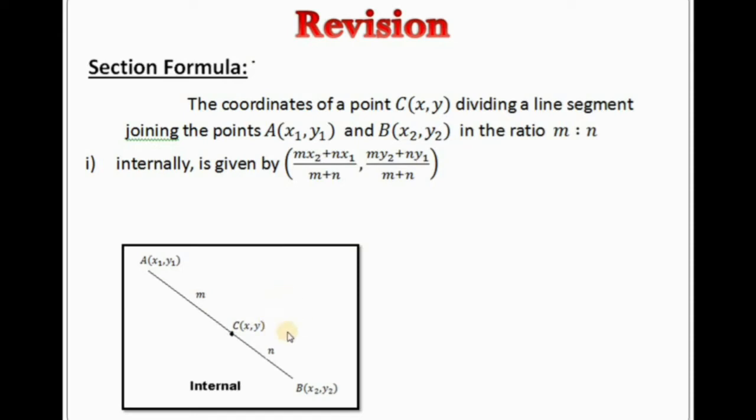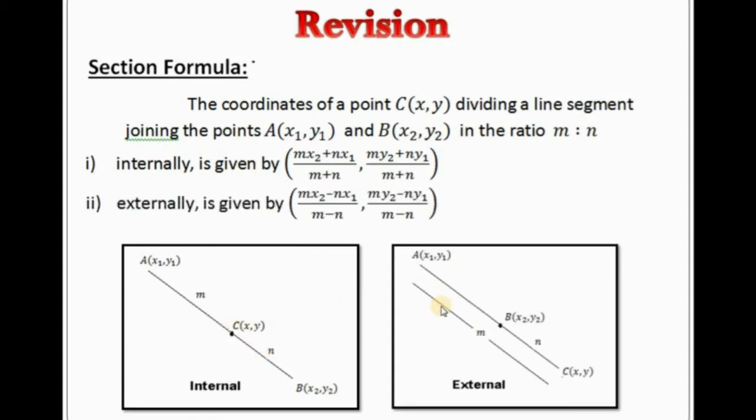Now this you have learned in your earlier session of coordinate geometry. This time we'll get introduced to one more new section formula, and we call it the external section formula. What is the meaning of external? Let us try to understand using the diagram. There's again the line segment AB. Till here only is my line segment. Now when you extend the very same line till C, this dividing point C is lying outside the line segment.